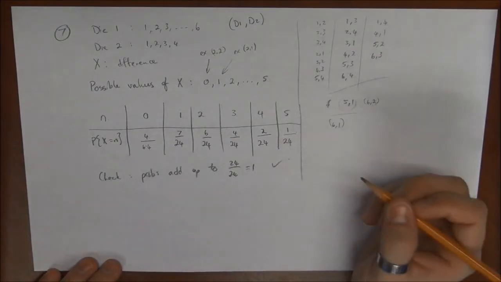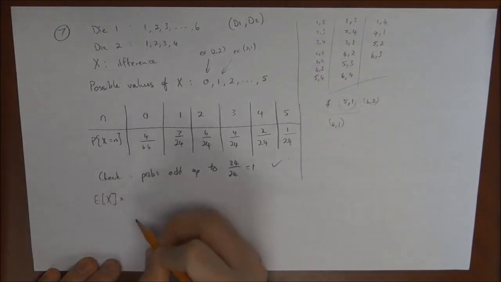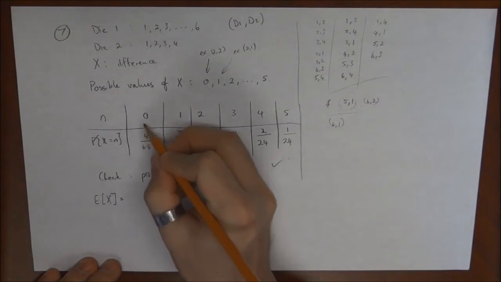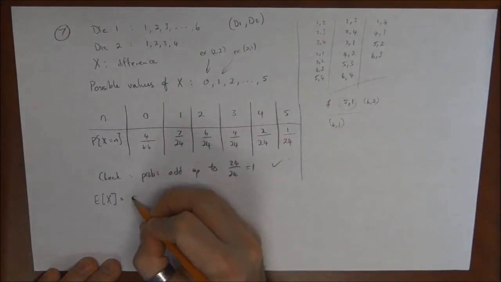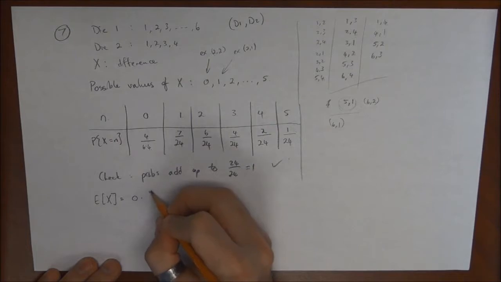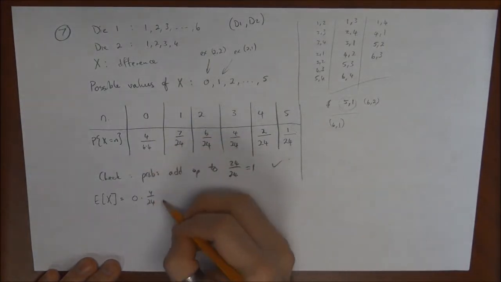Now I also want to calculate the expected value. So the expected value of x is simply the number times the corresponding probability added up. So I just go down the line, 0 times 4 over 24, and I'm not bothering simplifying this at all.